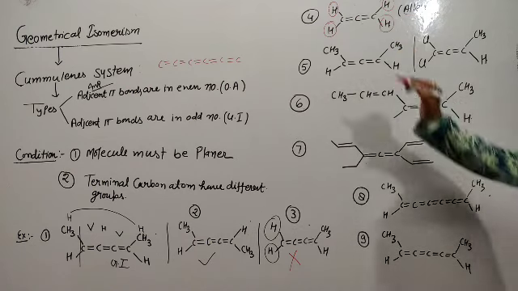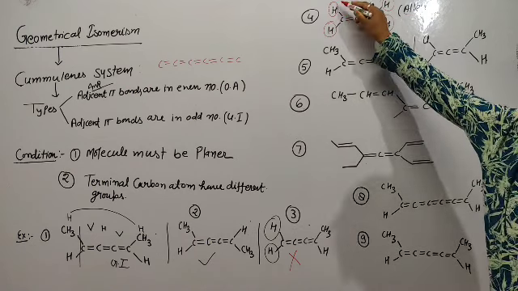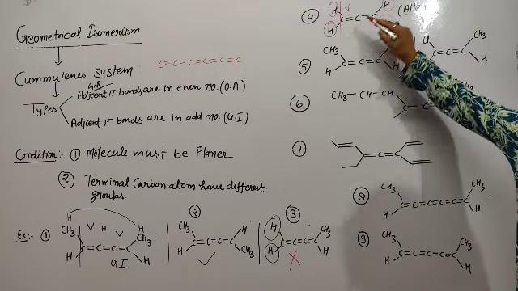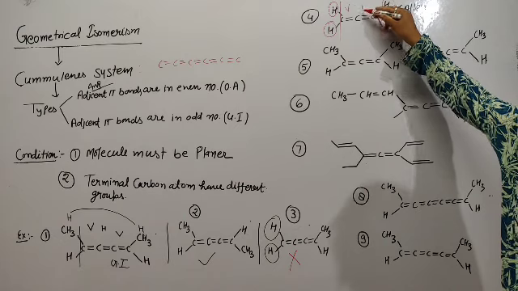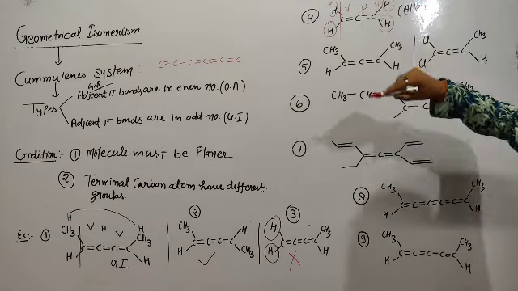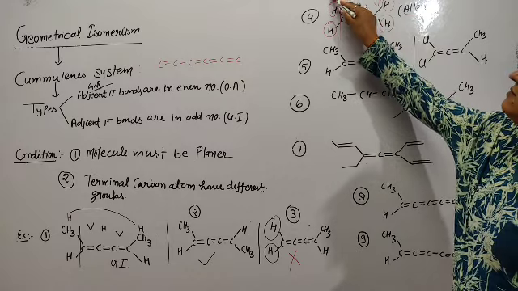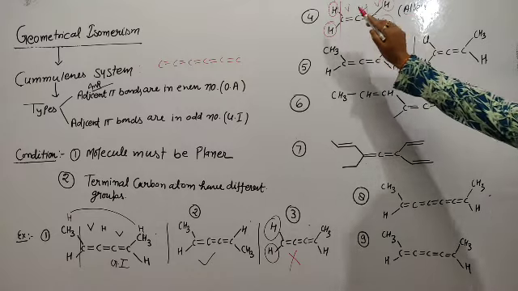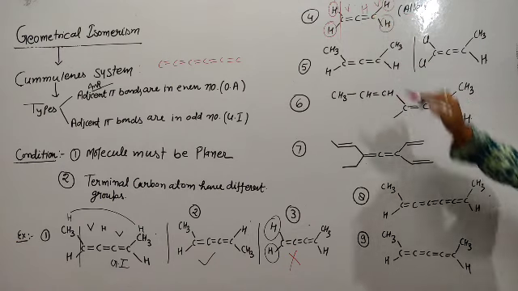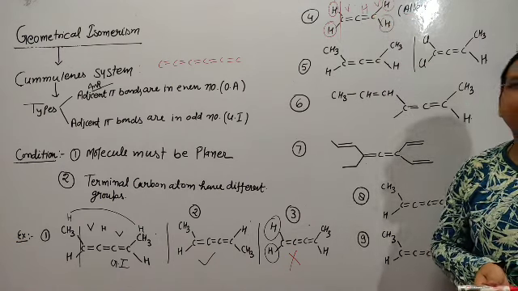Here I want to check: if this is in the horizontal plane, then the pi bond is in the vertical plane, the next pi bond is in the horizontal plane, and the next atoms are in the vertical plane. So horizontal and vertical means these atoms lie perpendicular to the plane.